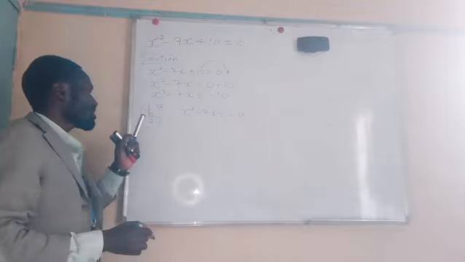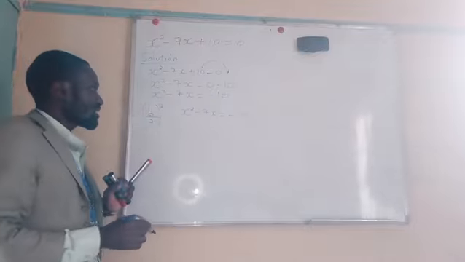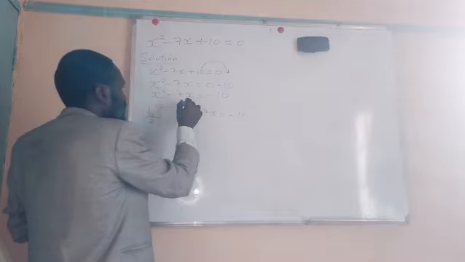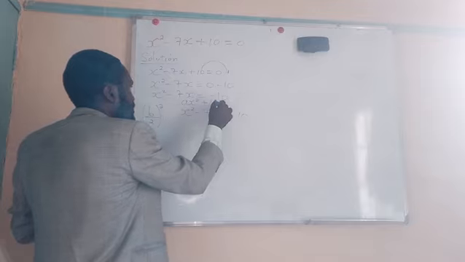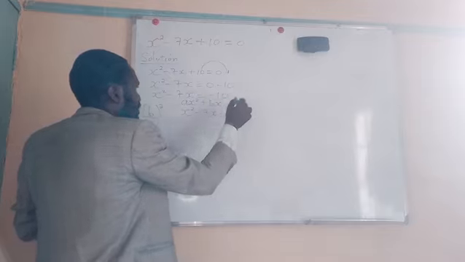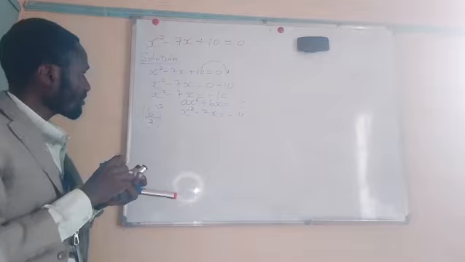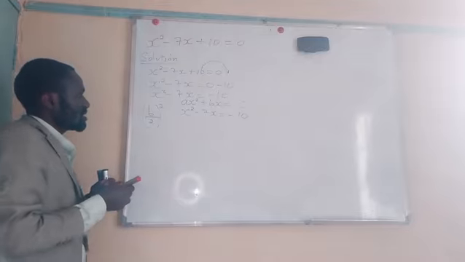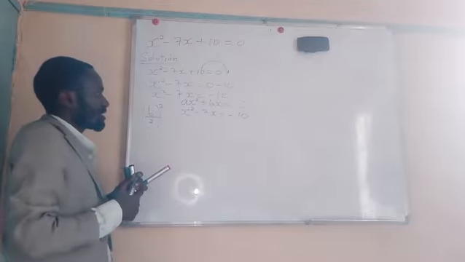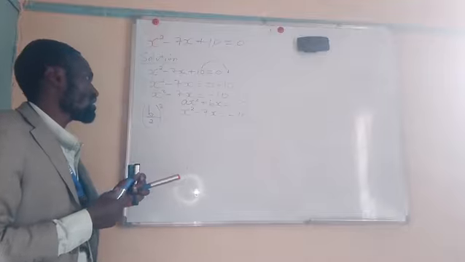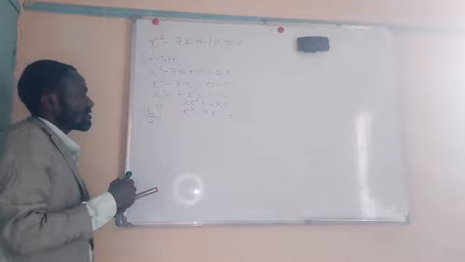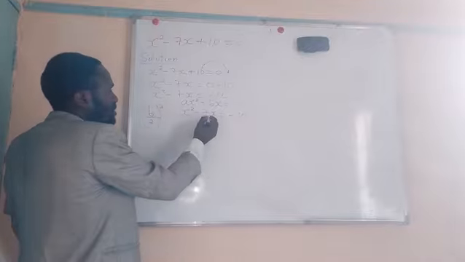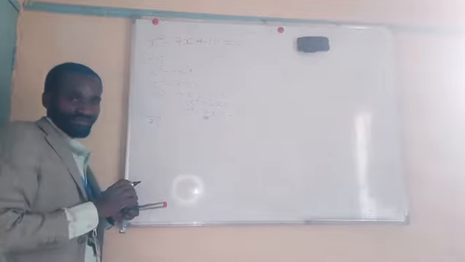I know very well this equation is in the form ax squared plus bx is equal to c. So it is always in the form of a quadratic, and writing that, you can get the value of b. And with that, I think everyone can know that the value of b is 7.